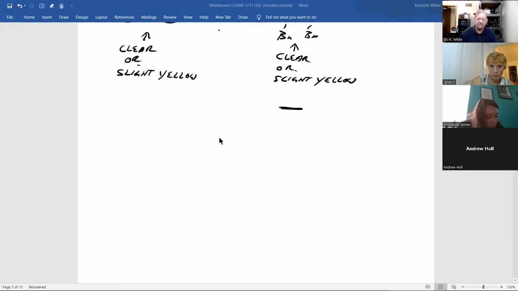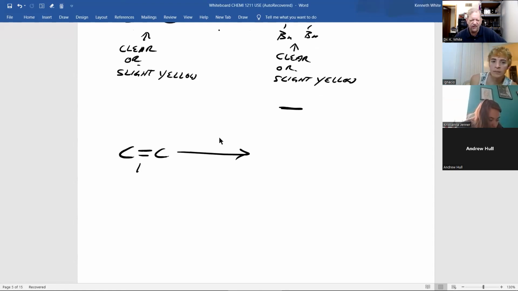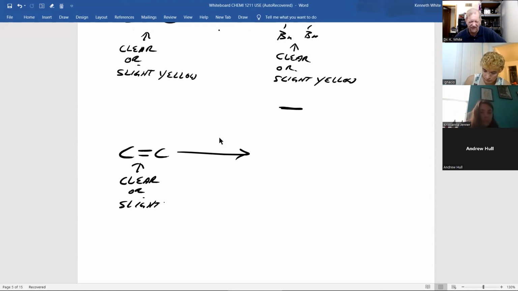Now, let's go to my whiteboard for this reaction. If you have a double bond in a molecule, this is still clear or slight yellow. I mean, if you have a lot of double bonds, it could be worse, like a carrot color.